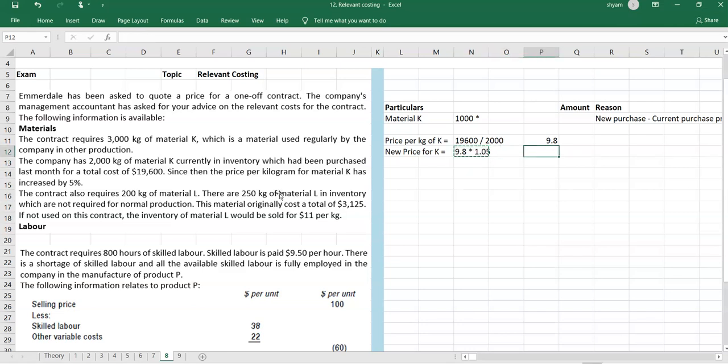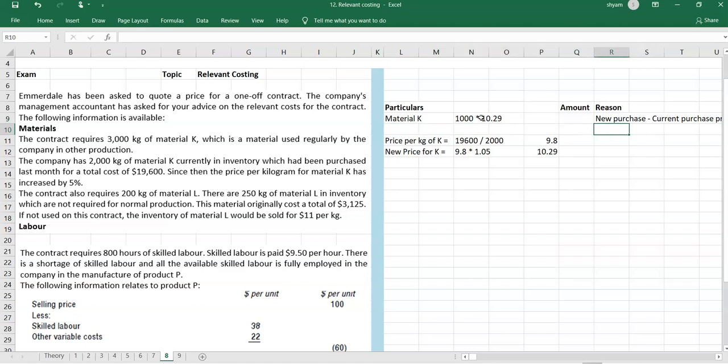I think that will work well. So this is the new price. The new price is 10.29, and this is a fresh purchase.